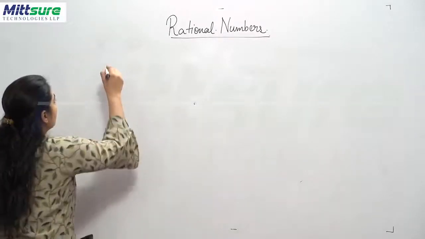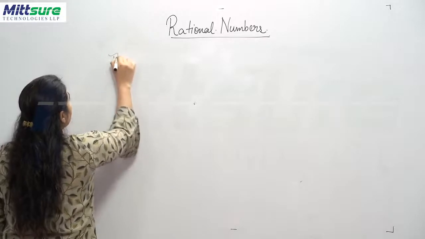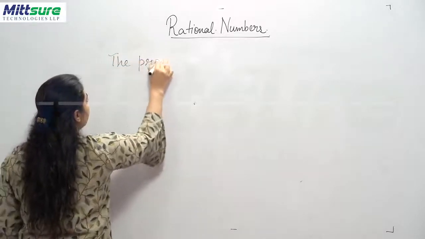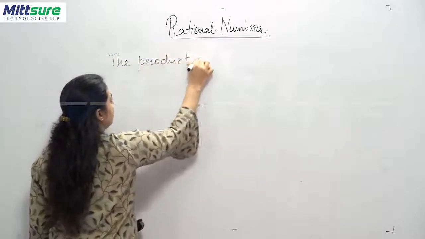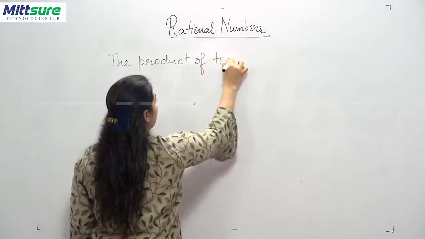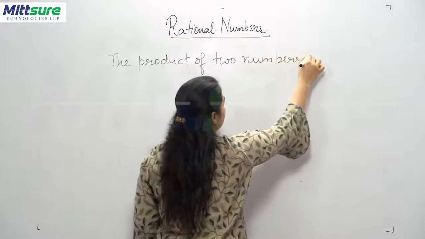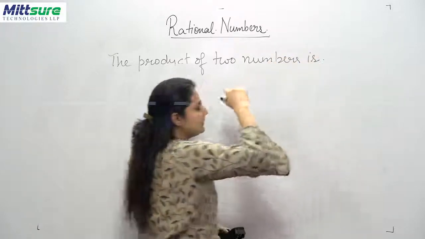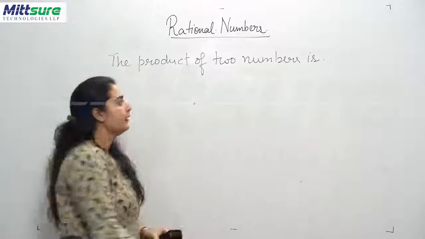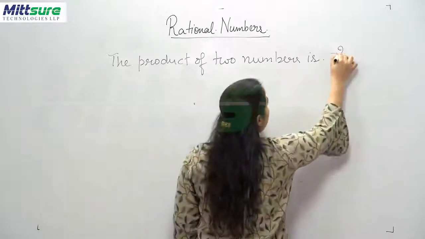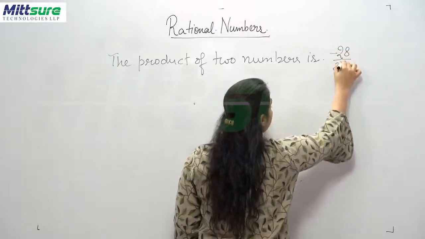Suppose the product of two numbers, this is a kind of problem sum, is minus 28 upon 27.